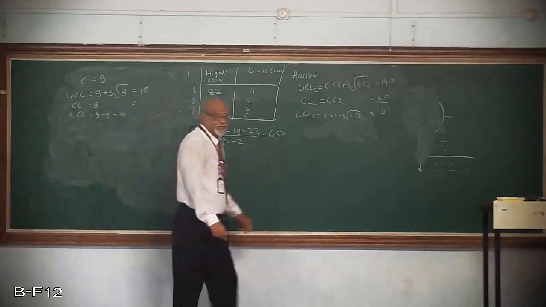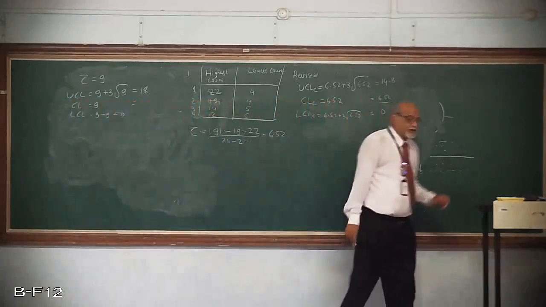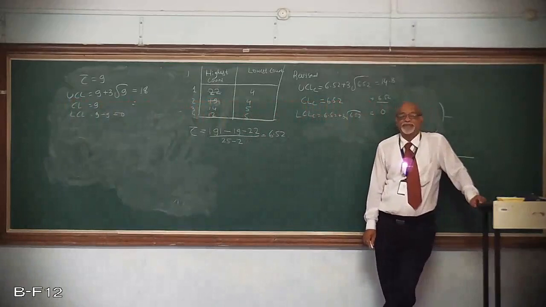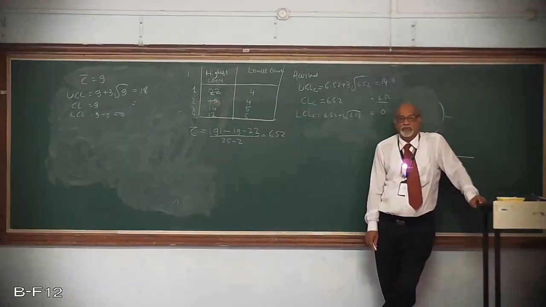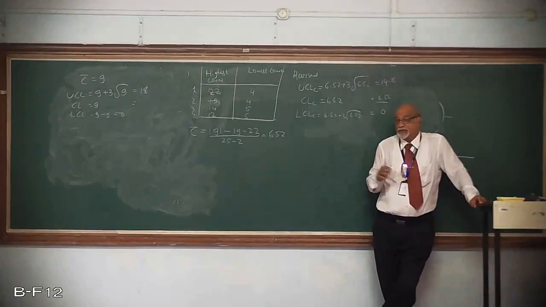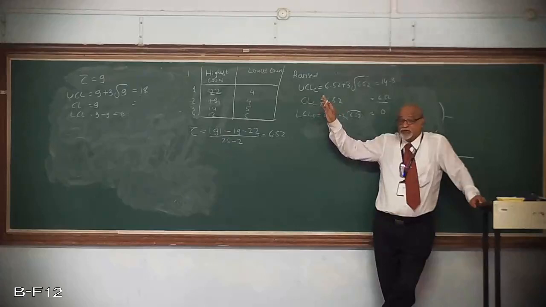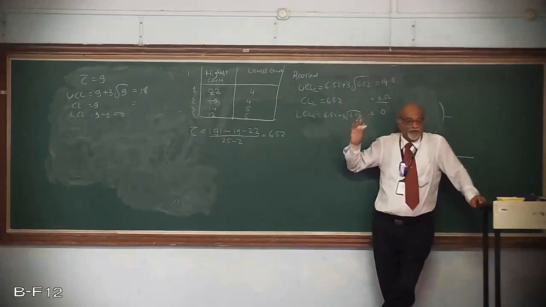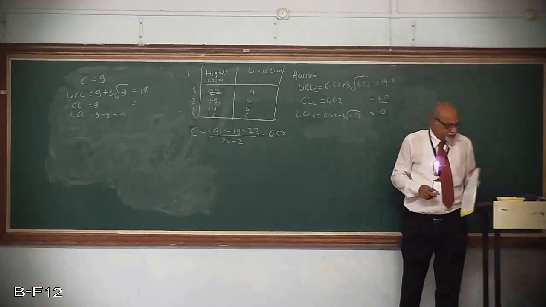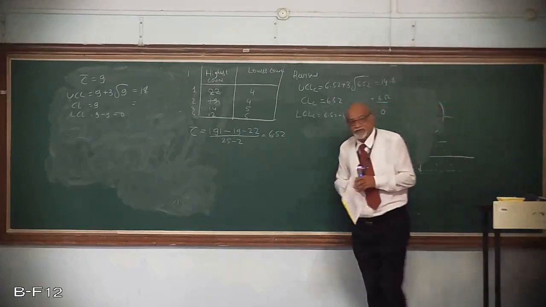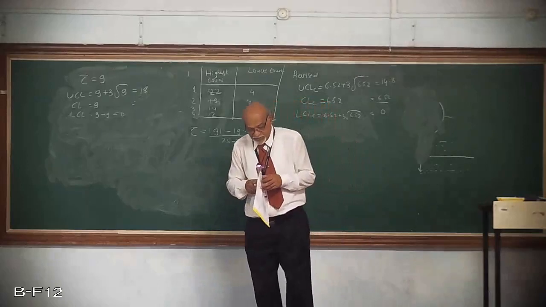Okay, this is what is going to happen. So the upper control limit is 18 and the lower control limit is 0. Okay, we need to find out the area, because up to 18, suppose it were calculated as 18.2 or 18.8, I would have considered 18 defects only. When I want to refer to this table, that is what I had explained in the previous class.